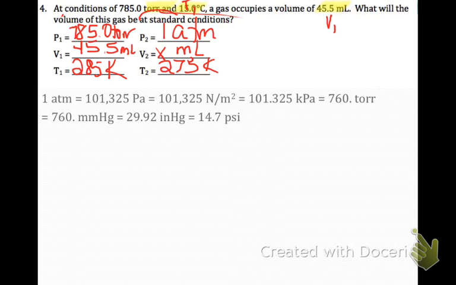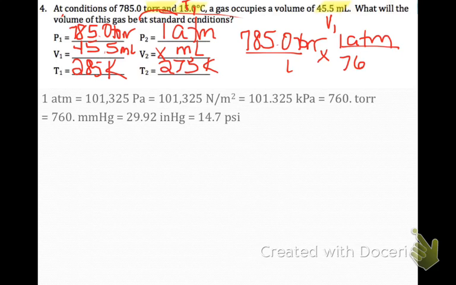So here we see that the pressures are 2 different units, so we have to be able to convert them into 1 unit. We're going to stick with ATM, so we have 785.0 torr over 1, and we'll convert that over to ATM, so 1 ATM over 760 torr.